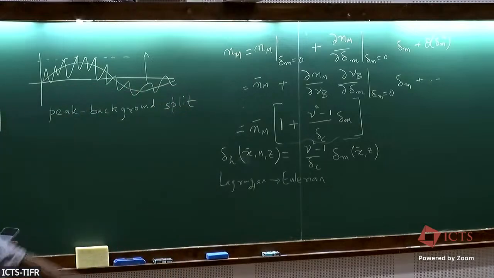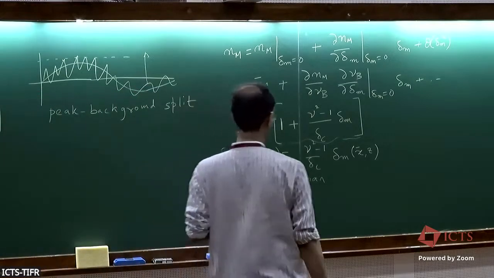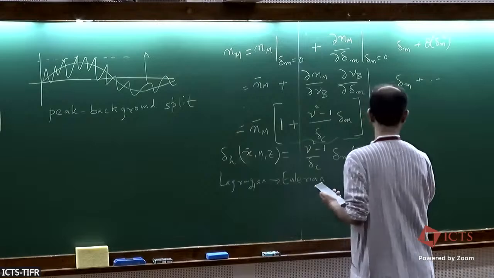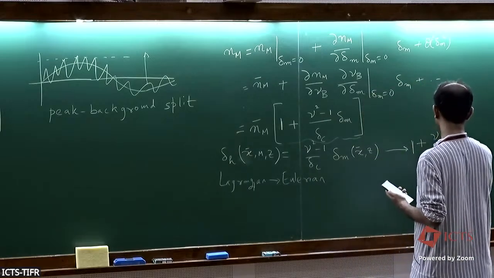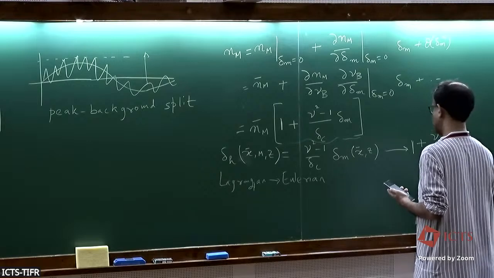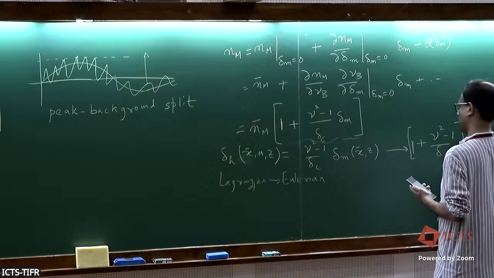So what you have to do is multiply this by 1 plus delta and then again ignore the higher order terms. So this essentially then becomes 1 plus nu square minus 1 by delta C times delta M.